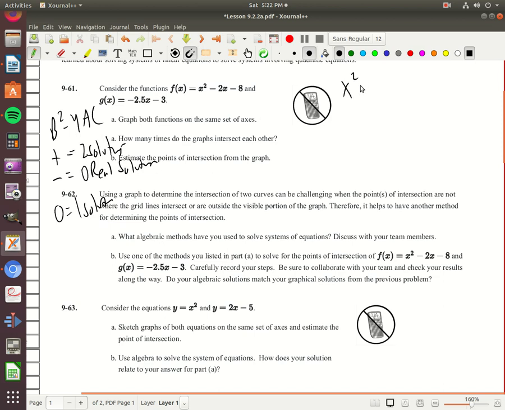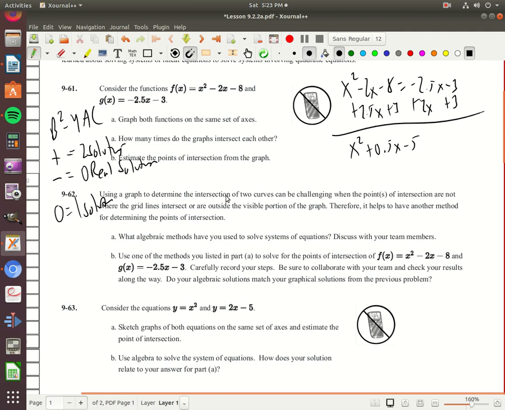We had x squared minus 2x minus 8 is equal to negative 2.5x minus 3. You'll recall this problem had two solutions. So I get x squared plus a half x minus 5. So my a is 1, my b is a half, and my c is negative 5.